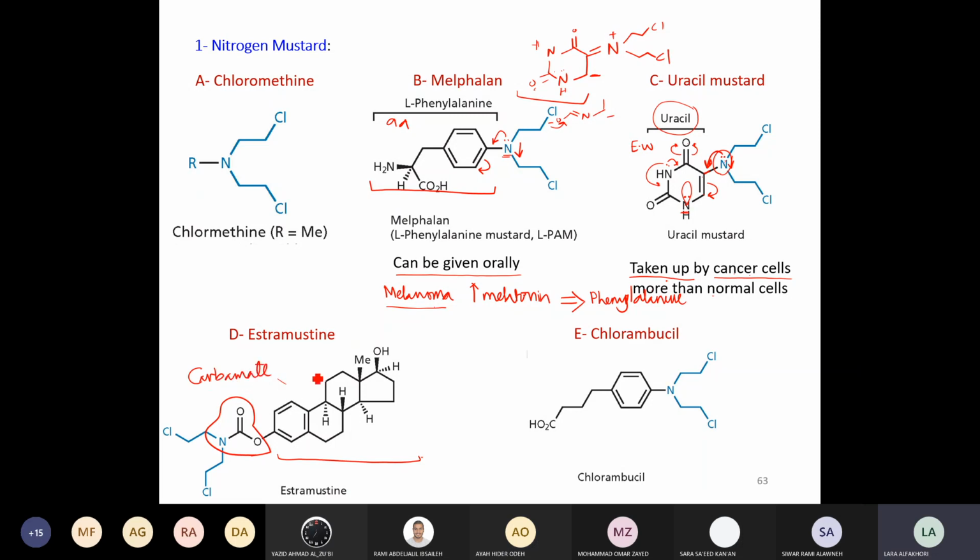The design of estromustine is for the purpose that some cancerous cells have higher estrogen receptors expressed on their cell membrane.